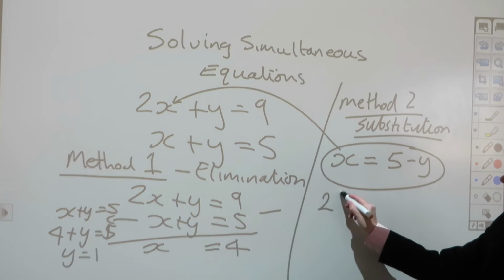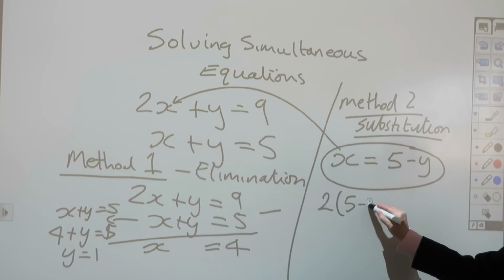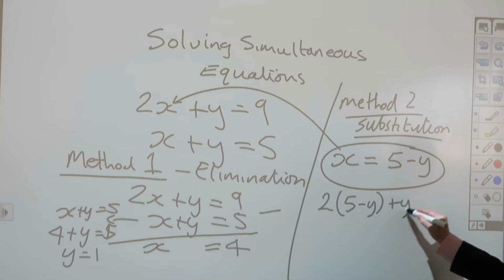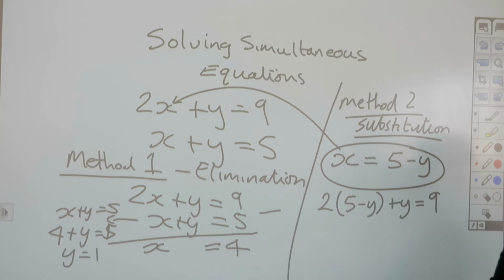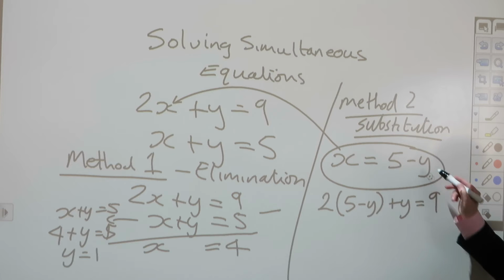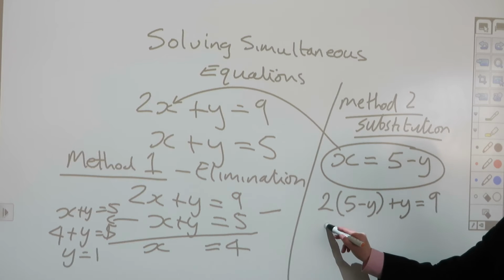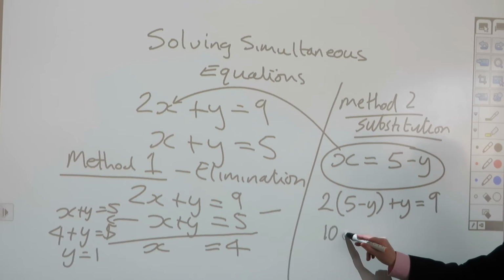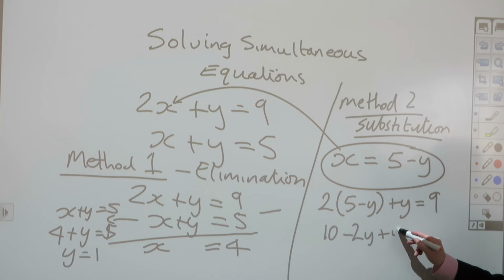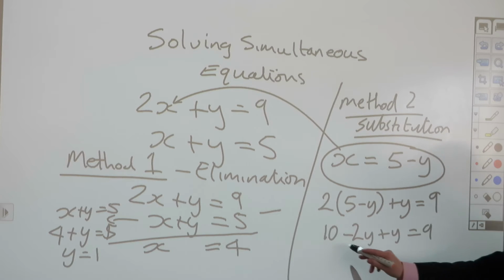So I'm going to have 2 lots of 5 minus y plus y equals 9. Let's multiply out the bracket. Happy? Got some frowns? So just put that 5 minus y in where I saw x. 2 times 5 is 10. 2 times minus y is minus 2y. Plus y equals 9.